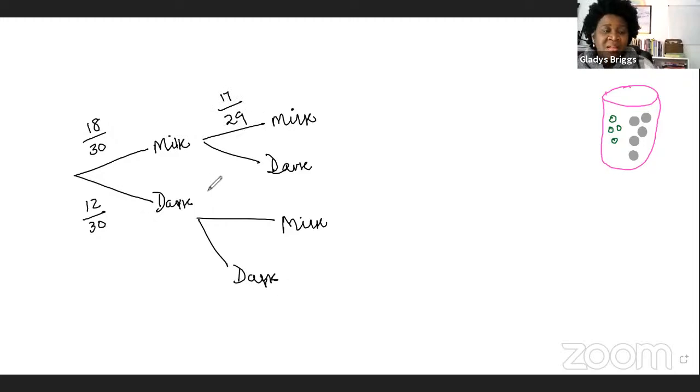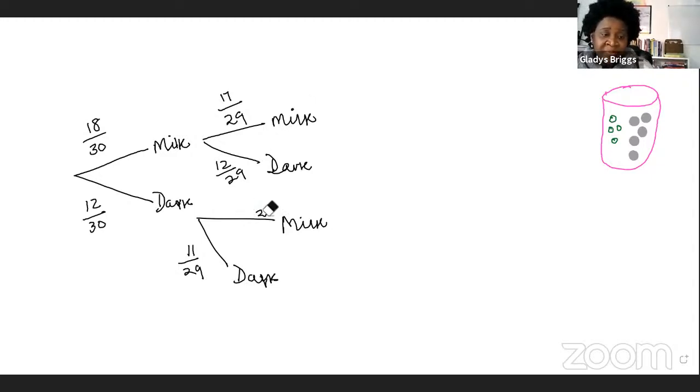But the dark chocolate will still be 12/29. And if the dark chocolate was chosen, then the dark chocolate would have become 11/29, and the milk chocolate will still be 18/29. People get this mixed up, so make sure that you understand it.